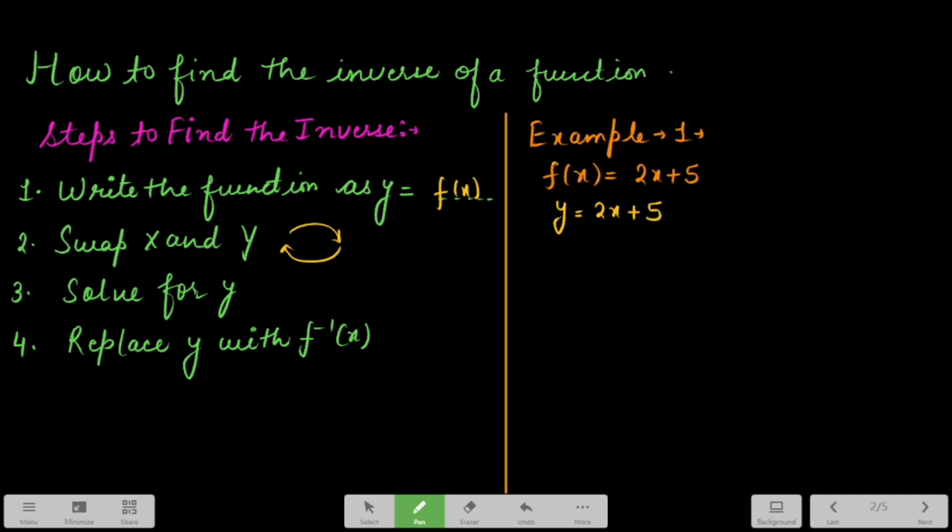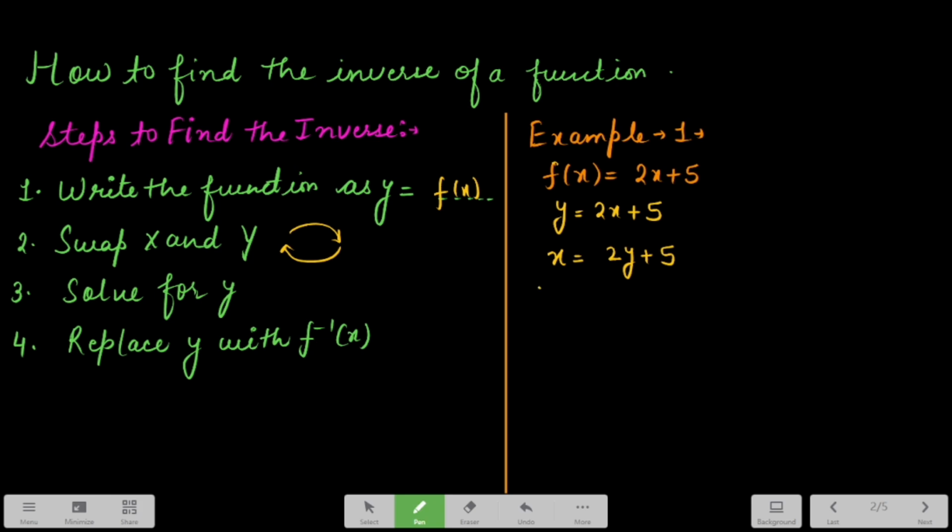Now, second step, swap x and y. Means in place of y, I will write x, and in place of x, I will write y. Third step, solve for y. You have to find the value of y.